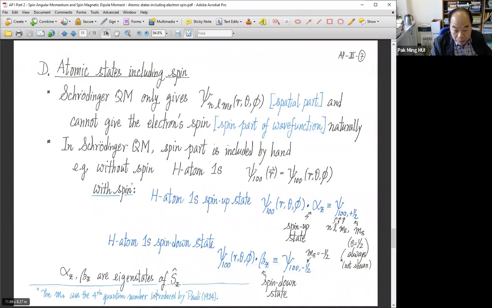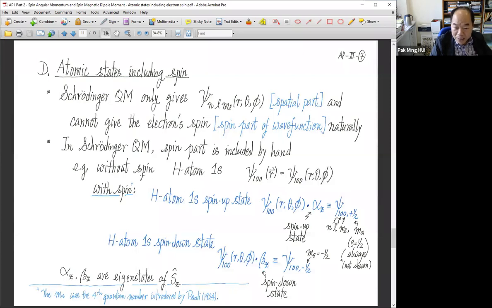And that is what Pauli did in 1924, again, before Schrödinger, Heisenberg did the quantum mechanics. He was trying to make sense out of the periodic table known at that time. He needed a fourth quantum number in his language. And now we understand this fourth quantum number is referring to MS. Remember, without spin, you solve it, and then we have, for example, the ground state is 1, 0, 0, that is N, L, ML.